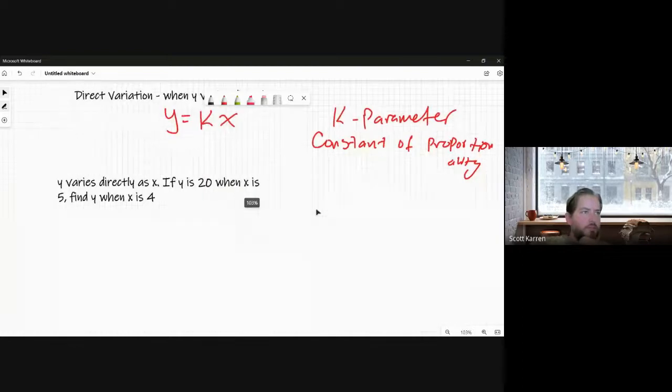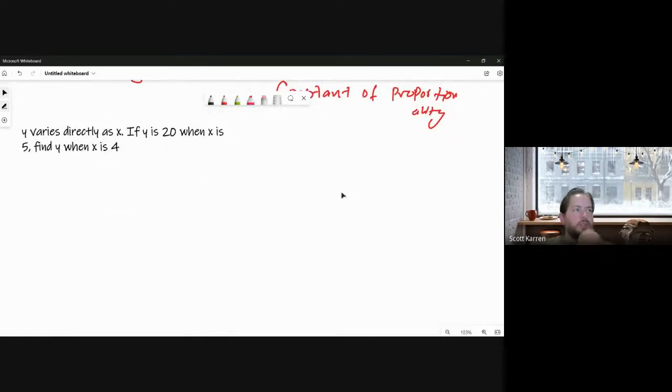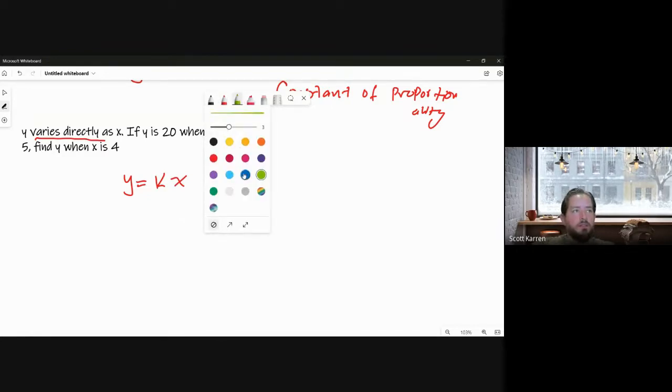They might give us some information. Y varies directly as x. If y is 20 when x is 5, find y when x is 4. So because it says it varies directly as x, I know that I've got y equals some constant of proportionality times x. But they give us more information. They tell us y is 20 when x is 5.